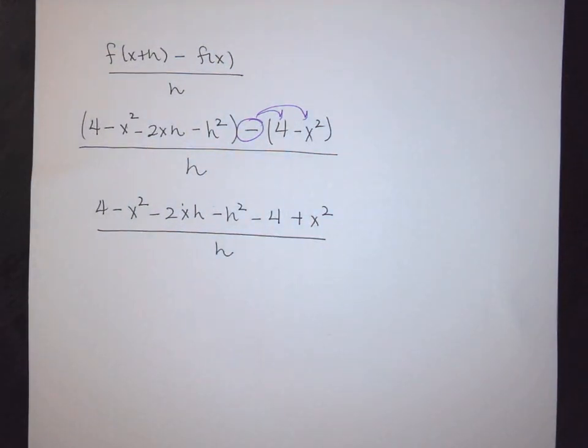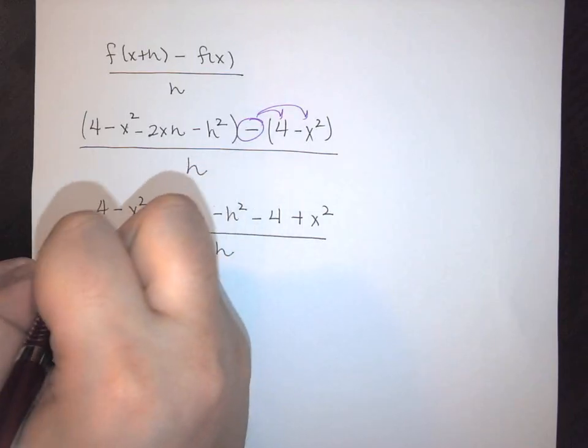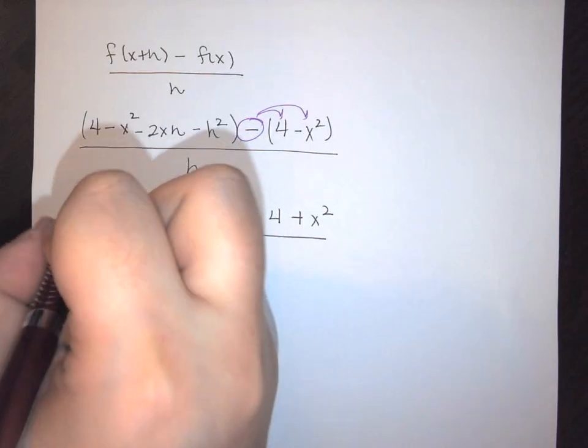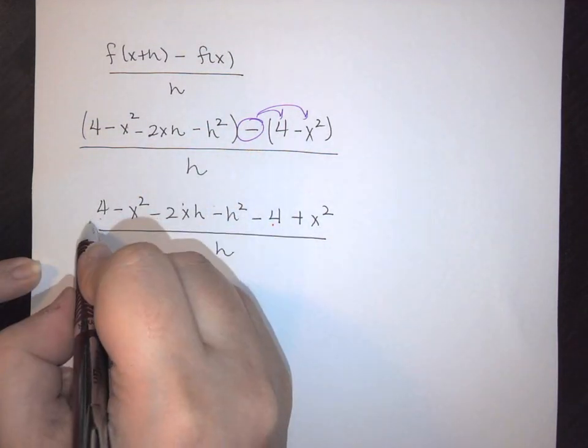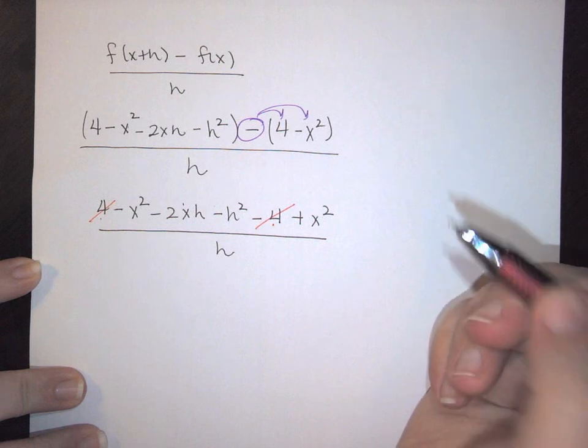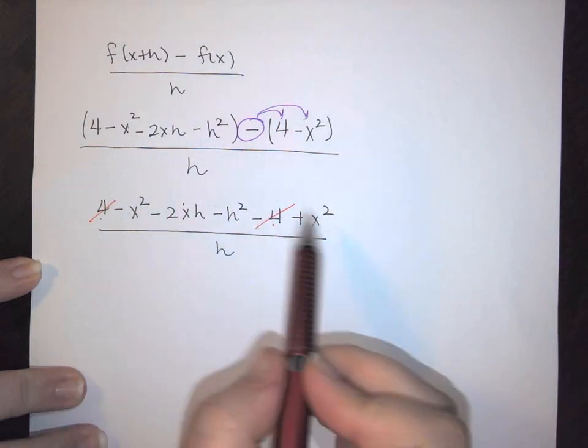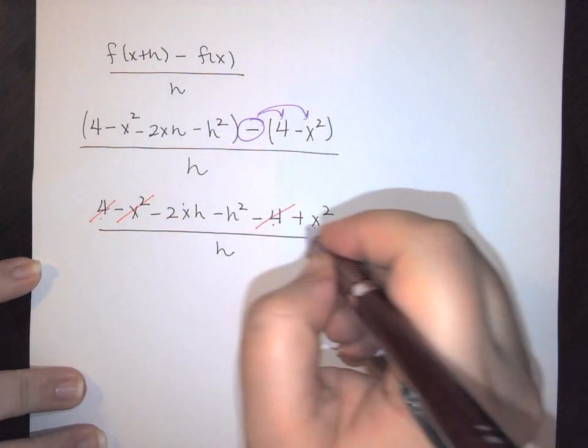Now your goal is that you want to get rid of all of your constants and your x only terms. If we take a look, I have positive 4 and negative 4, so these would go away. And then I have negative x squared and positive x squared, so these would go away.